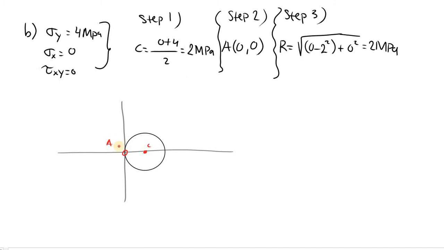So my A is located here, but so is my minimum principal stress. Maximum principal stress, or principal stress 1, is located on this section here. All right, so my maximum in-plane shear stress is again located at the bottom of the circle, max in plane.